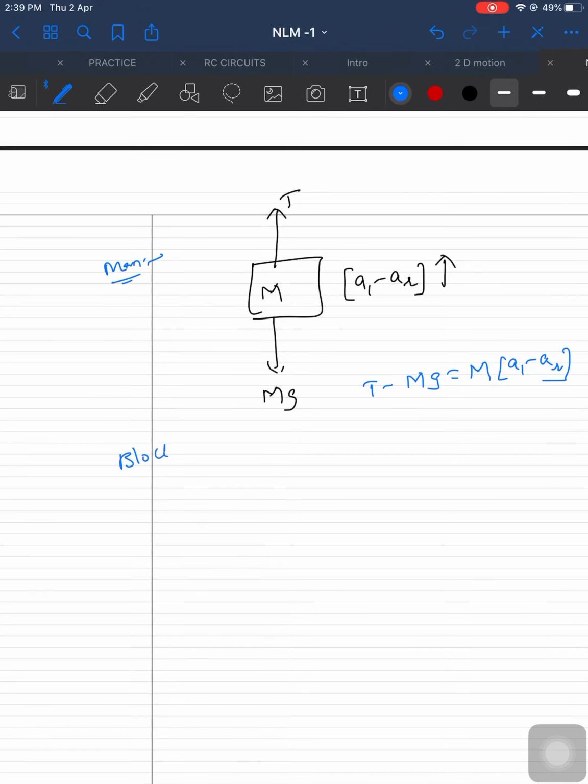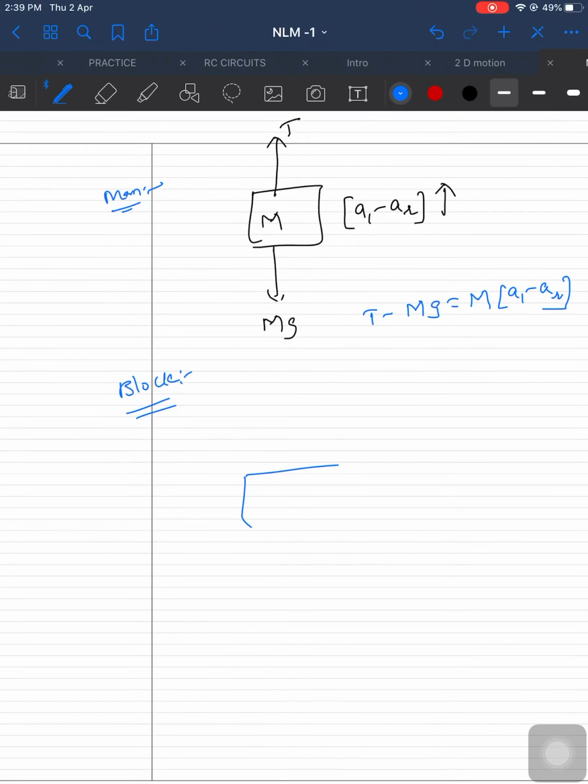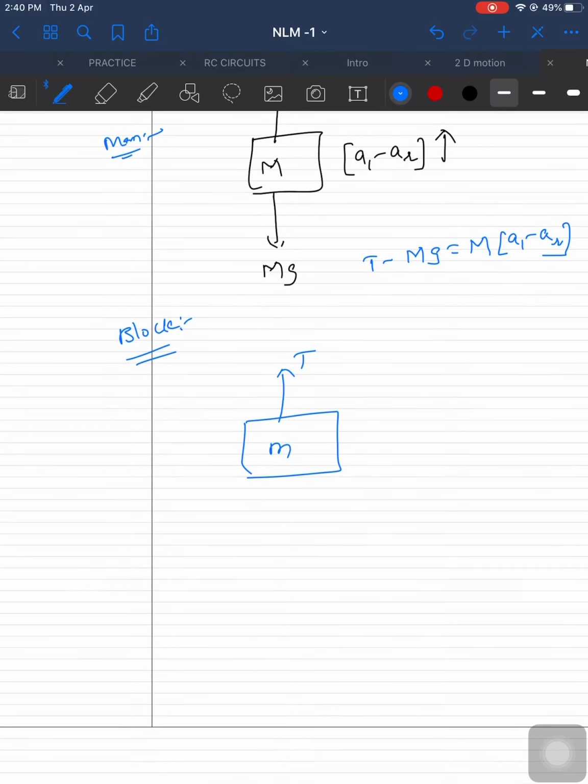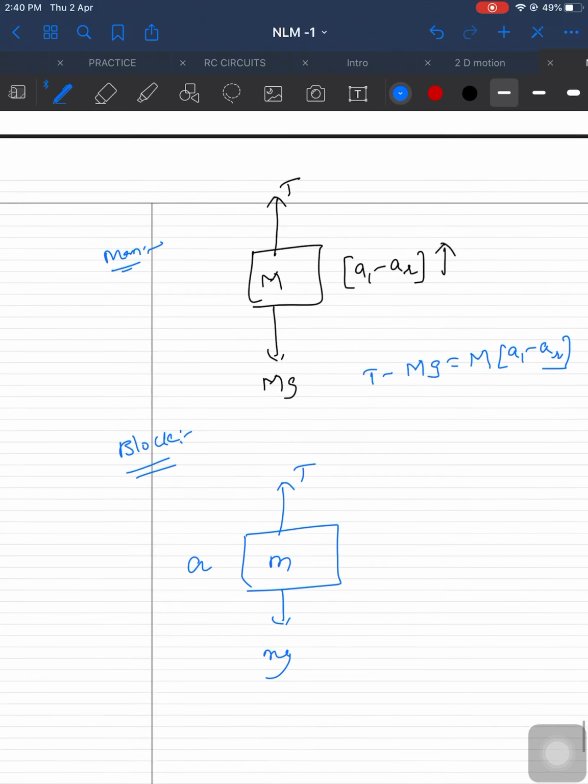Next for the block, this is small m, the tension T, and small mg in the downward direction. And what is the acceleration of the block?